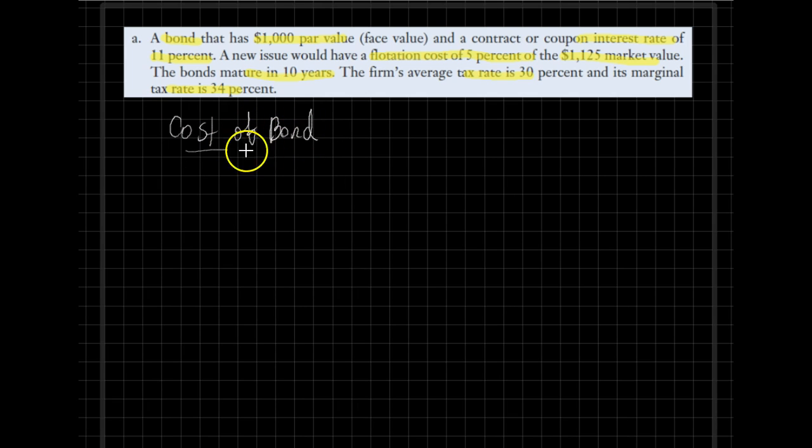The solution can be split into 3 parts. In the first part, we find the net price that the firm will receive after all the commissions to investment bankers are paid. The formula is the price paid by investors times 1 minus the flotation cost as a rate. Each bond is currently selling in the marketplace at $1,125.